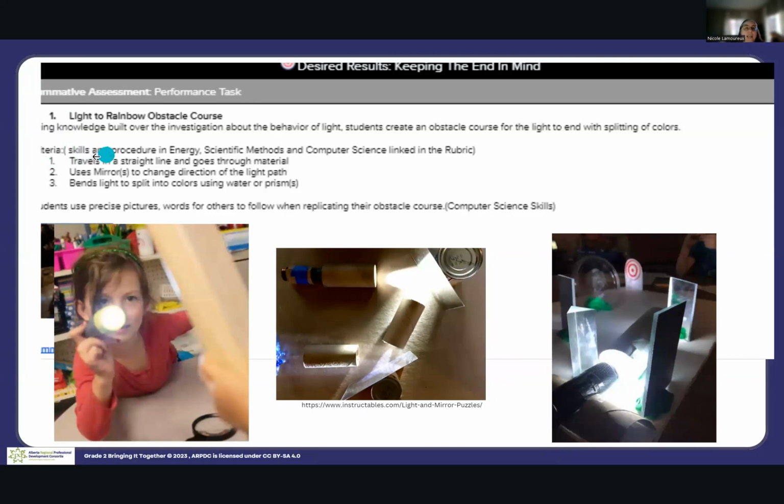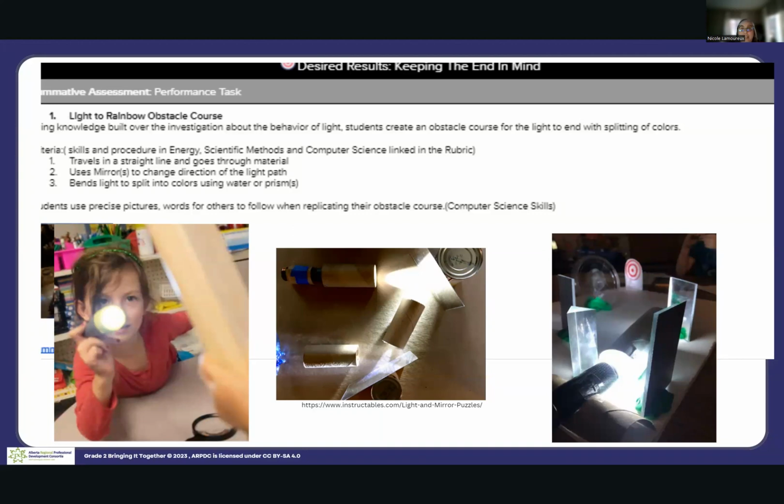The criteria is that the light travels in a straight, they have a source, obviously. It travels in a straight line and goes through material. That's 2 criteria there. They use a mirror to change the direction of the path of light. And then it ends with splitting in colors with either using water, because there is an investigation with a mirror and water to make a rainbow, or prisms.